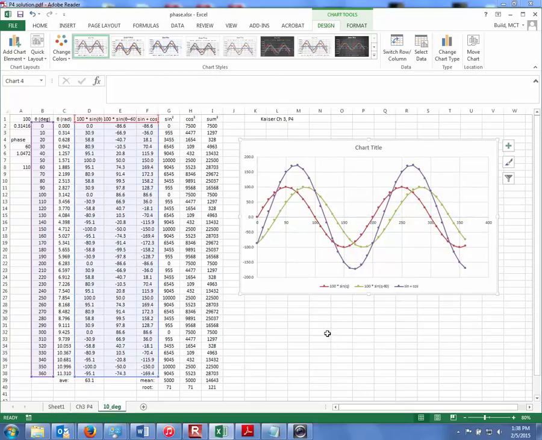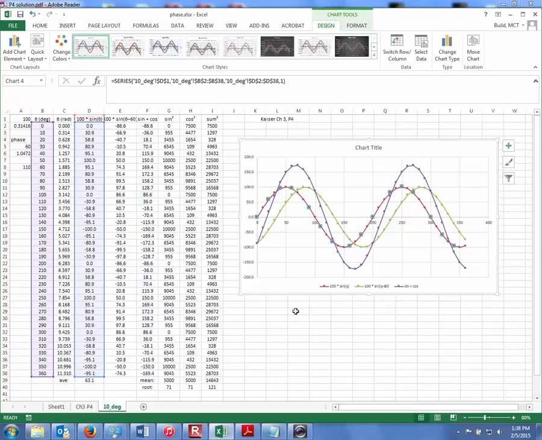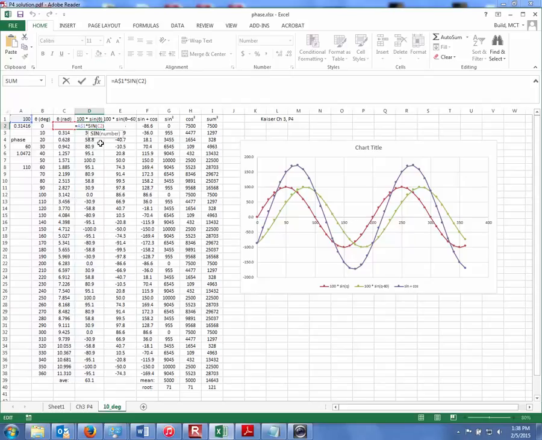Okay, so now we've got for sine 180, 360. It's going through. There we go.